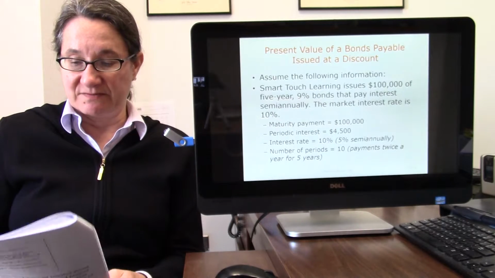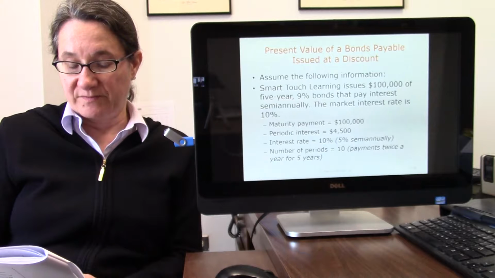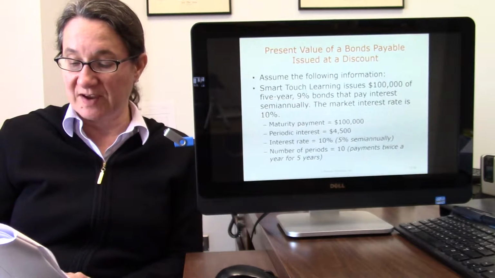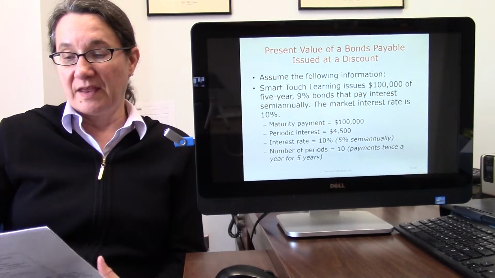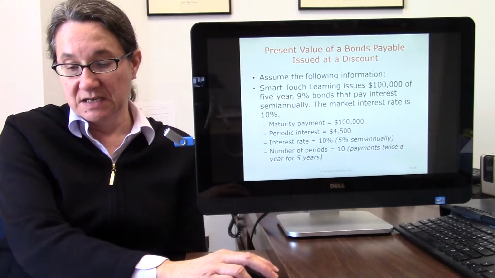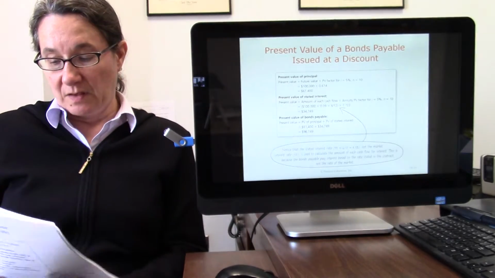So, let's compute the present value. The face value of the bond is $100,000, and therefore the market interest rate for each semi-annual period is 5%. We use 5% to compute the present value, and the present value of these bonds is $96,149. Let's look at that.